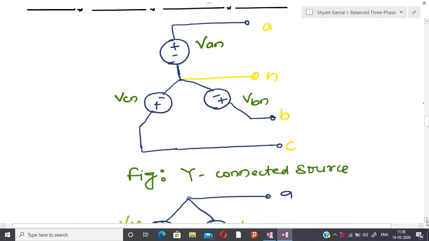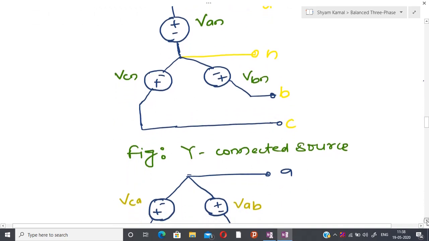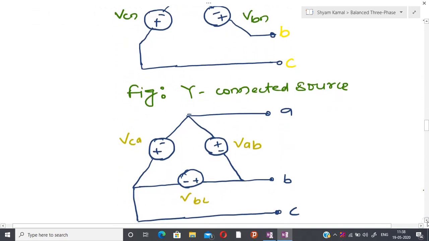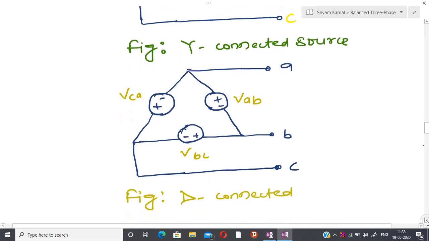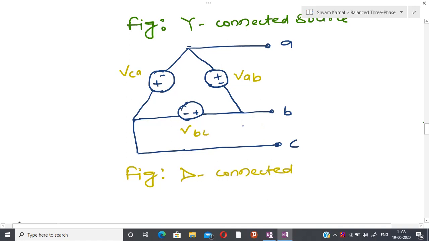Here you can see that in the delta connection, we are not adding the neutral line, and we will discuss that in the later part of today's lecture. But for the time being, if I do the delta connection, then we connect like this: plus is connected to the minus of this, and from here we are taking the supplies.